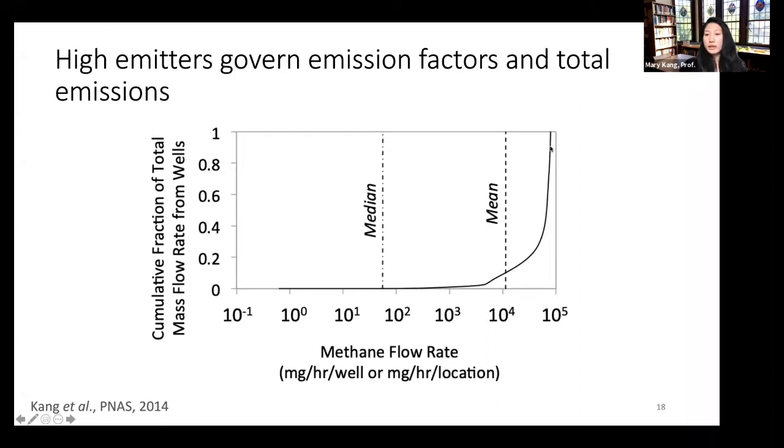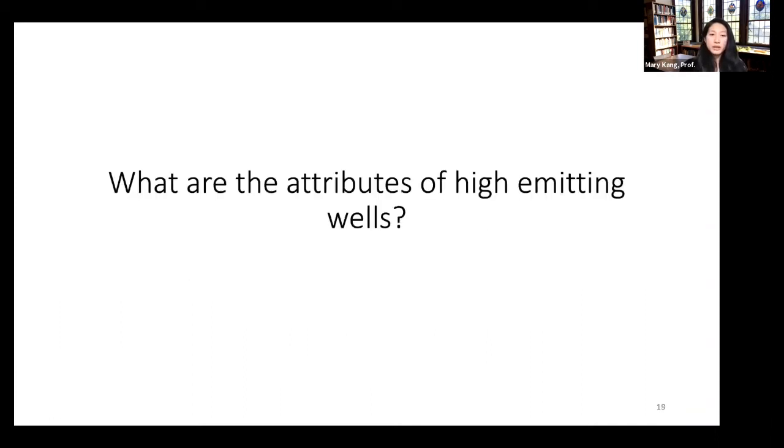And so these high emitters in the 10 to the 4, 10 to the 5 milligrams per hour per well, they really govern the total emissions. What that means is, if you're thinking about mitigation, or even about the total methane emissions, you need to figure out which wells are high emitters.